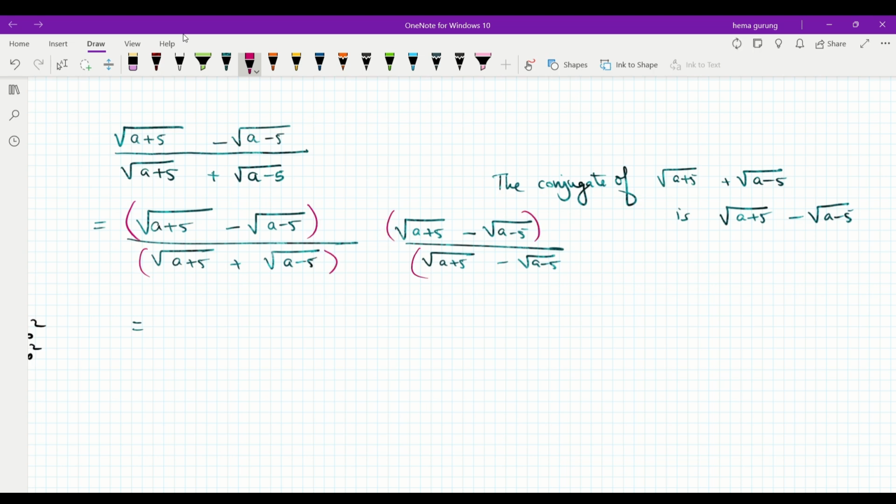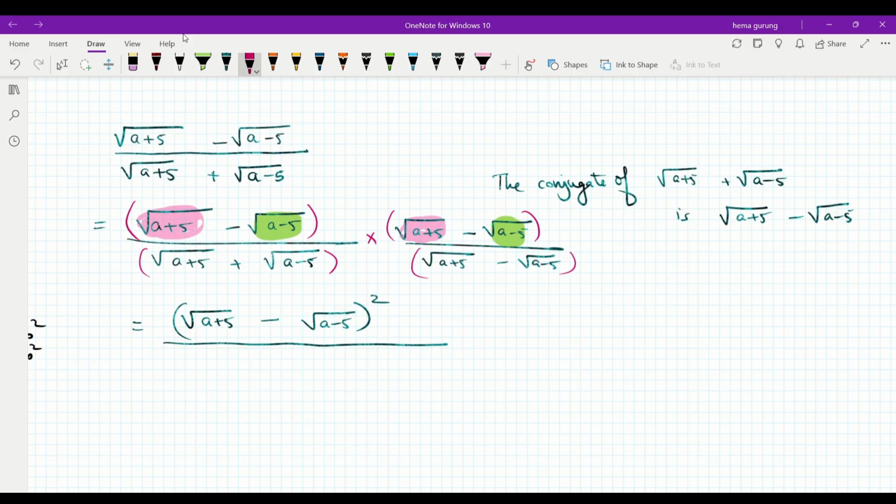Let's put the brackets. Now if you see the numerators, don't you think they are the same? Both are √(a+5) − √(a−5), and between them there is a minus sign. So is it okay if I write (√(a+5) − √(a−5))²? Can I write in this form?